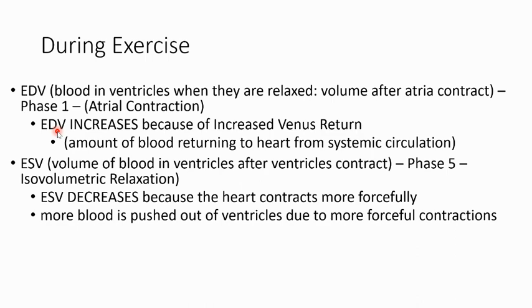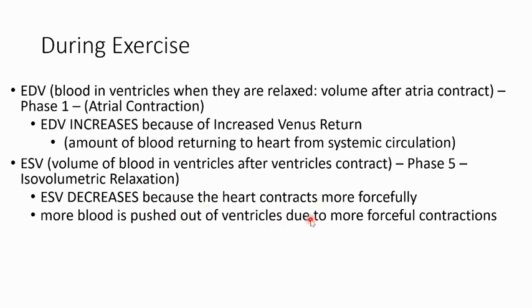Now, end systolic volume is the blood in the ventricles after the ventricles contract. So we're looking a couple of phases down the line, after isovolumetric relaxation. End systolic volume is going to decrease. The amount of blood left in the ventricle during exercise is going to decrease because the heart is going to contract more forcefully, pushing more blood out of those ventricles, leaving less in the ventricles. Again, you want more of the blood leaving the heart during exercise to get as much of that oxygenated blood as you can to the tissues that are needing it.